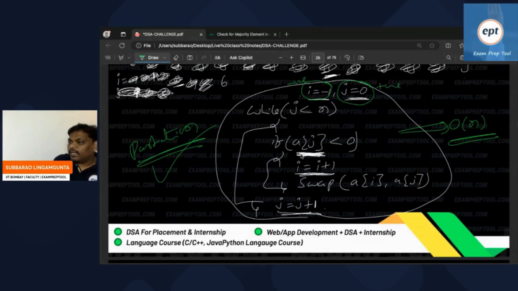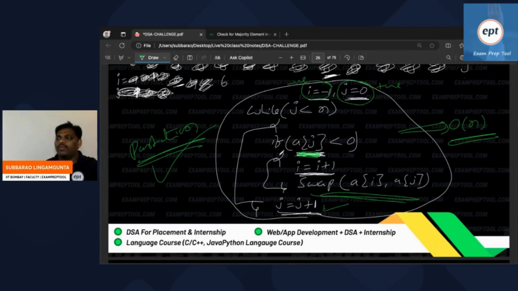Whenever positive, J doesn't have any work, J is equal to J plus 1. Whenever negative, then some work is there: I is equal to I plus 1, swap A of I, A of J. Purpose is keeping all the negatives one side, all positives one side. One loop is required, which is order of n.